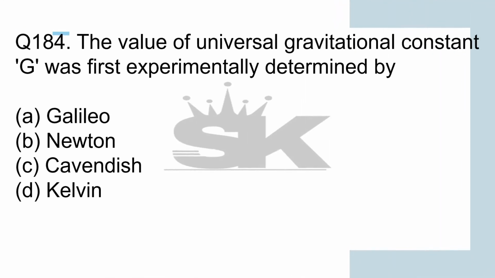The value of universal gravitational constant G was first experimentally determined by Cavendish. The Cavendish experiment was performed in 1797 to 1798 by British scientist Henry Cavendish.